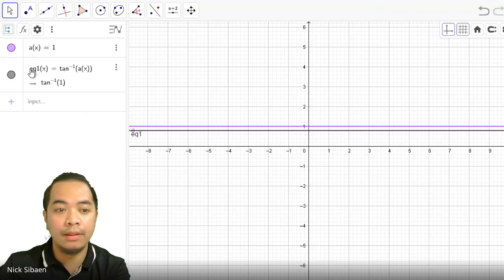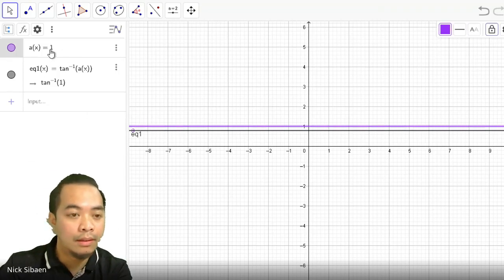Hindi pala negative infinity, sir. Ito yung ating function. Bakit ganun?